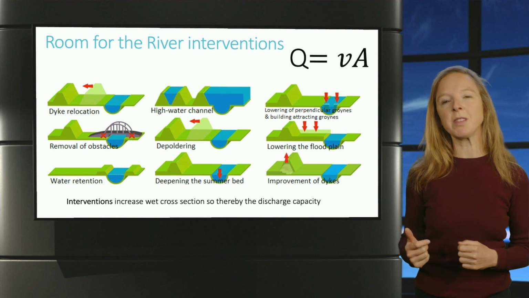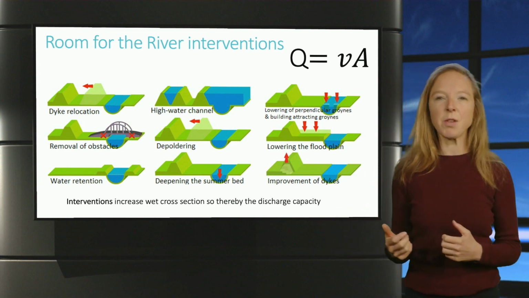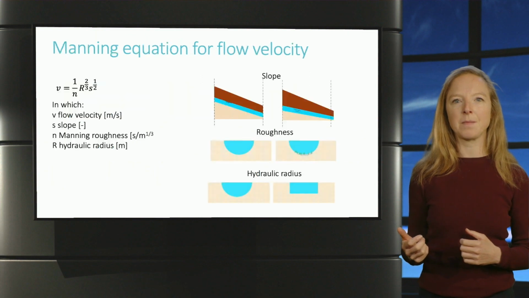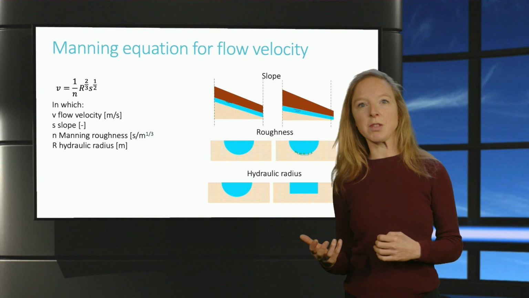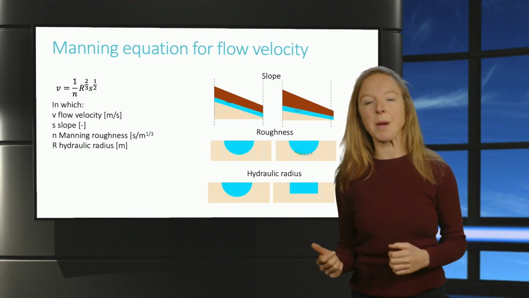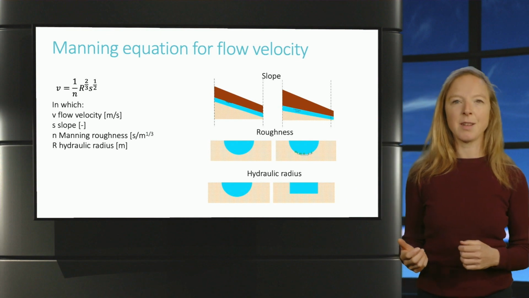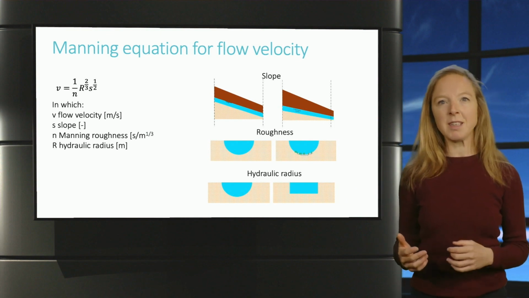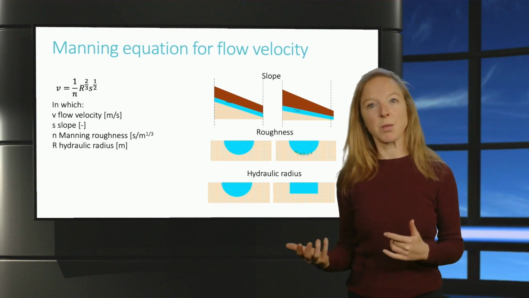The second component in the discharge equation is flow velocity. What does this flow velocity depend on? A simple equation to calculate flow velocity in water courses was developed by the Irish engineer Robert Manning in the 19th century. Basically, the flow velocity depends on the slope. The steeper the water course, the faster the water flows.